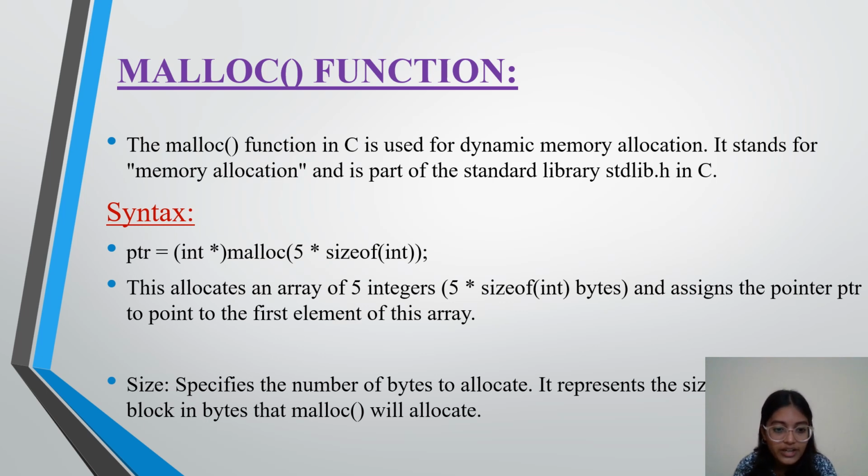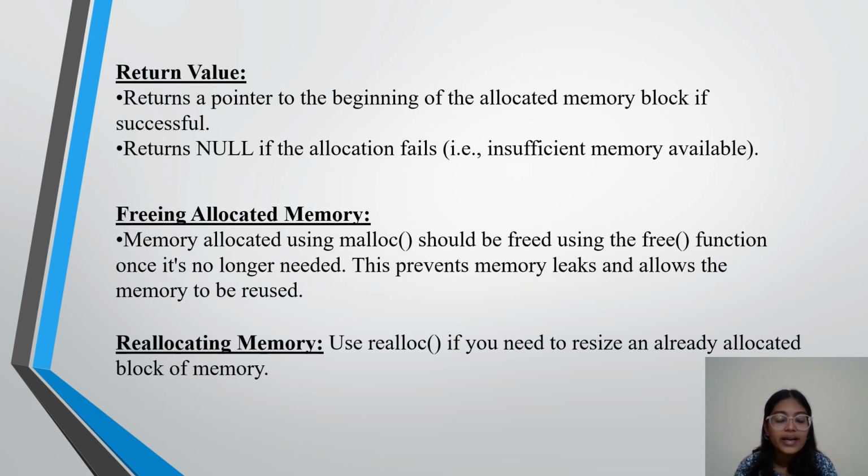And the function of this size is that it specifies the number of bytes to allocate. For example, if this int requires 10 bytes, that byte size will be specified in this size, so that the malloc function can allocate that number of bytes to that memory. And next, let's study the return value.